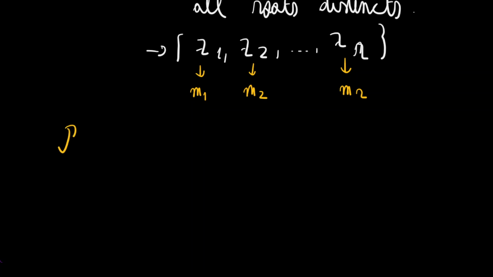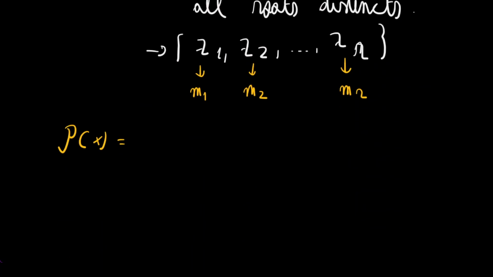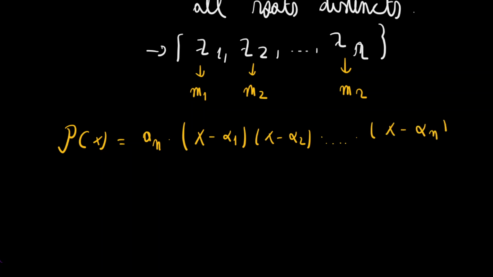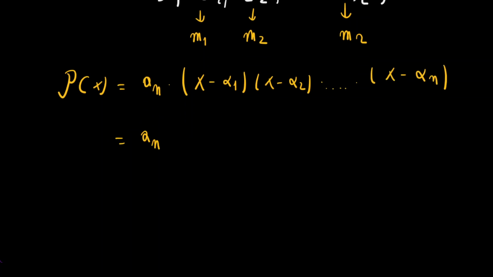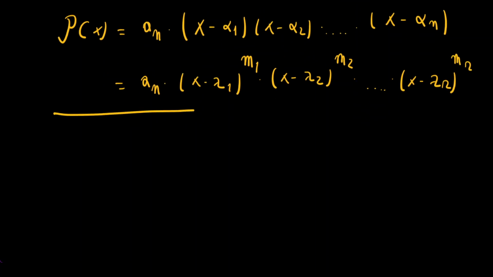So p of x is written with the leading coefficient, because here, look, it's a very important factorization. p of x can be written as a_n, the leading coefficient, times (x minus alpha 1)(x minus alpha 2)...(x minus alpha n), which can be written as a_n times (x minus lambda 1) to the m1 times (x minus lambda 2) to the m2 times ... times (x minus lambda r) to the mr. Good, so we have this in mind.